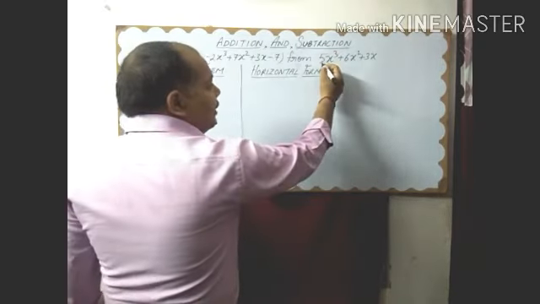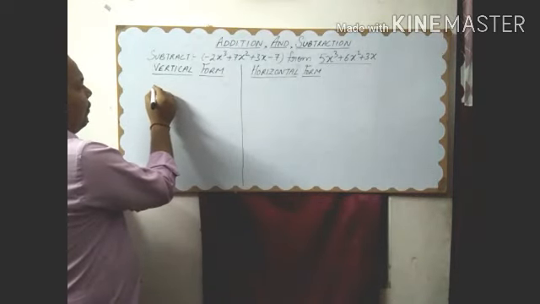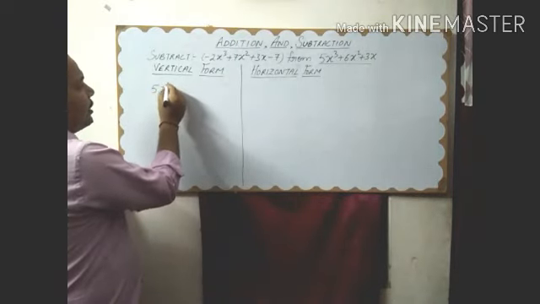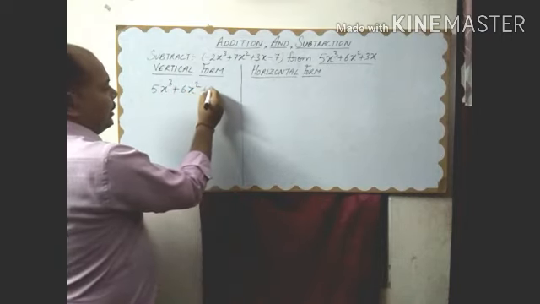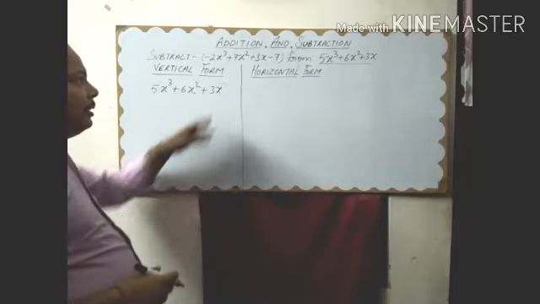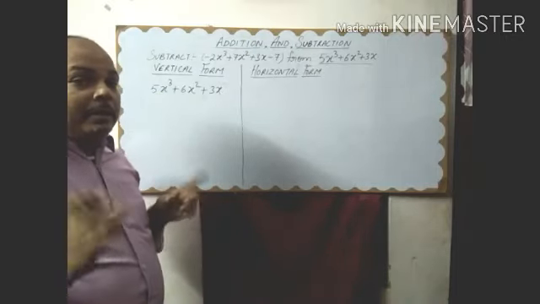So first we will write this polynomial, okay. So we will write here 5x cube plus 6x square plus 3x, and again we will write the first polynomial under it using the like terms process.